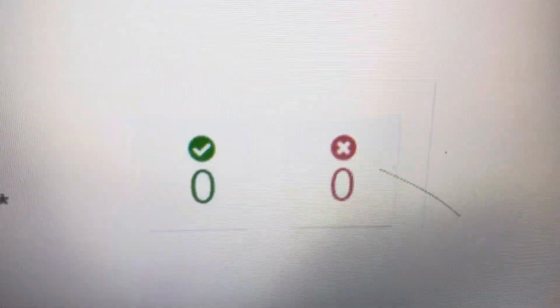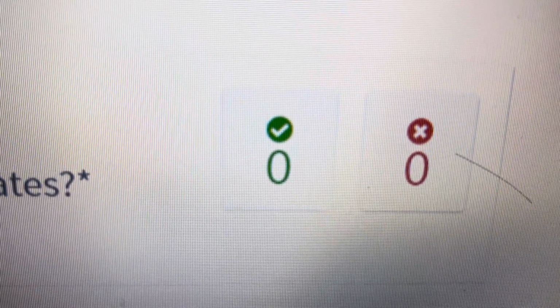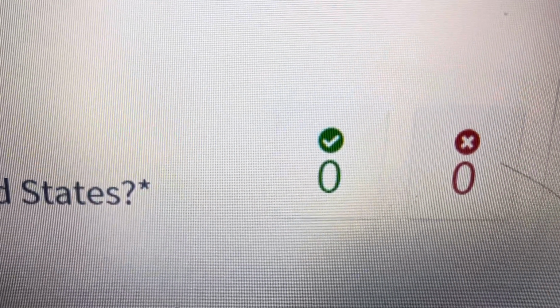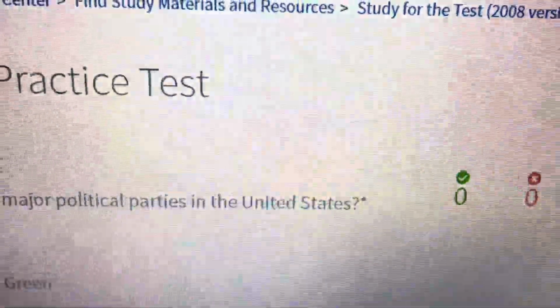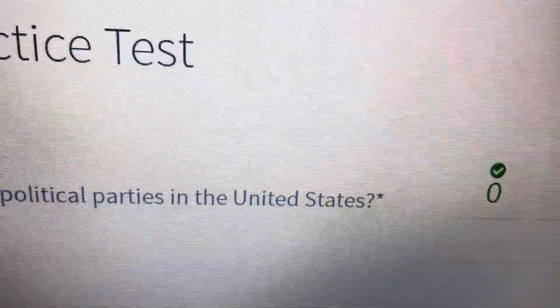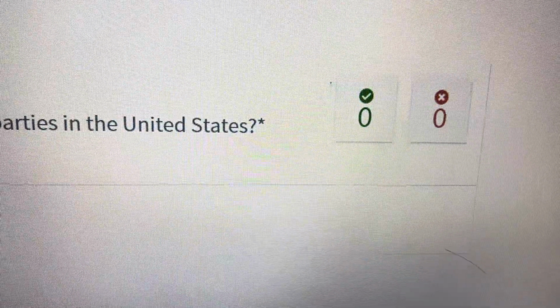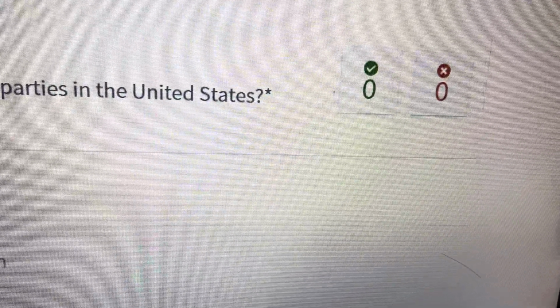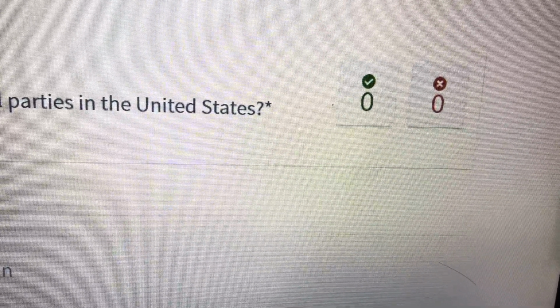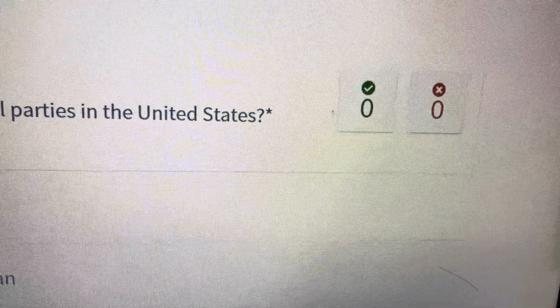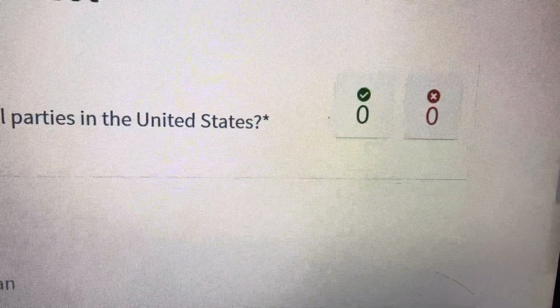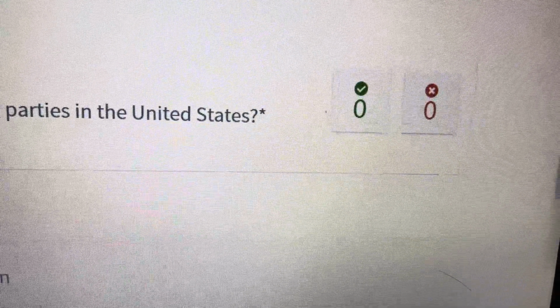Okay, this part. What are the two major political parties of the United States? The choices: Reform and Green, Democratic and Republican, American and Bull Moose, Democratic and Whigs.